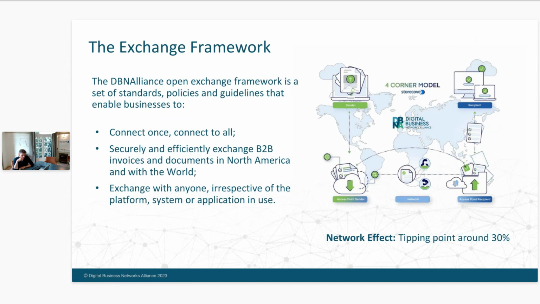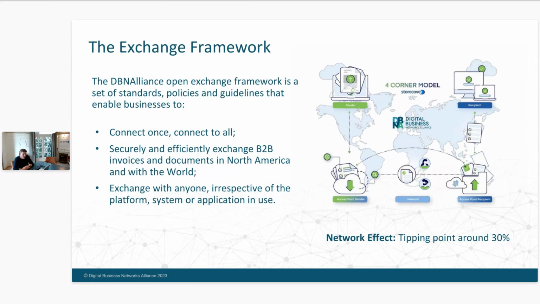This is an important element, as for service providers and for customers, there's a lot of importance in the fact that the network adoption, of course, grows quicker. And so again, for all the members of the DBNA network, there's a role for everyone, also the users of the network, the registrants, and also the access points and the customers, to get the network rolling and get higher adoption.